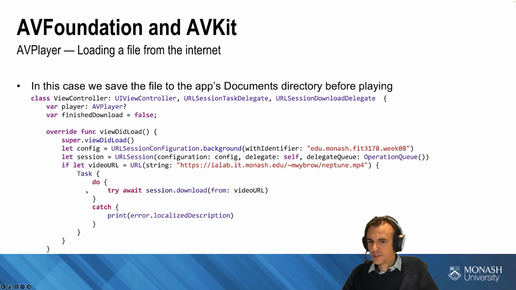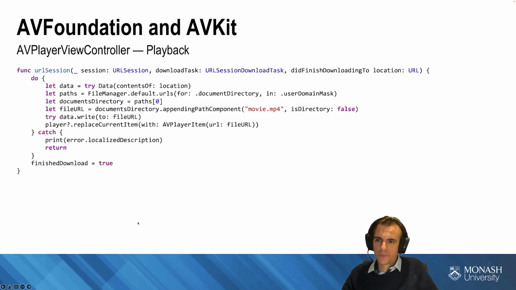The first is the URL it downloaded to, and the second is the response, a bit like our data task that returns the data and the response. So you could just get the URL it downloaded to there and then do the same thing we're going to show on this next slide. But we're doing it through the delegate callback here.